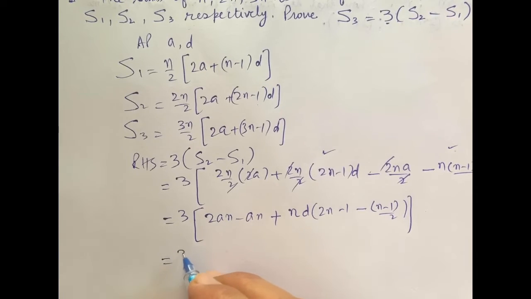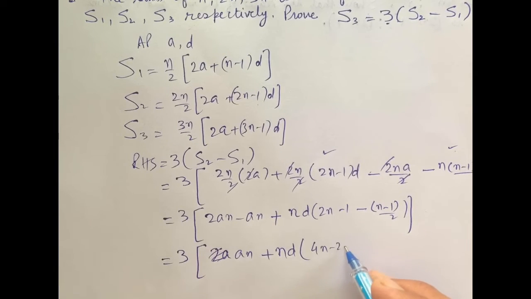This is 3 times (2an minus an), that's an, plus nd, so this will be (4n minus 2 minus n plus 1) upon 2.